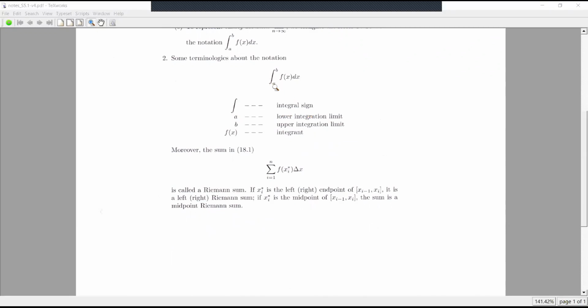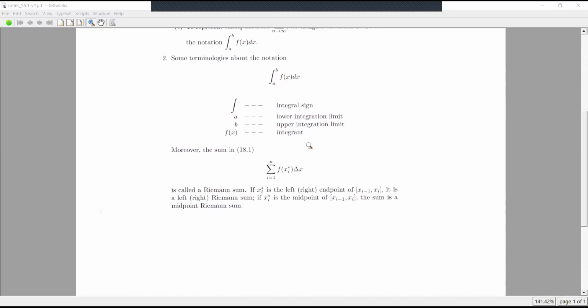The point a, we call it the lower integration limit. b is the upper integration limit. Then how about the function f? The function f, we call it an integrand.